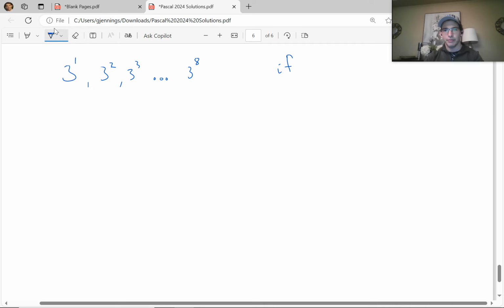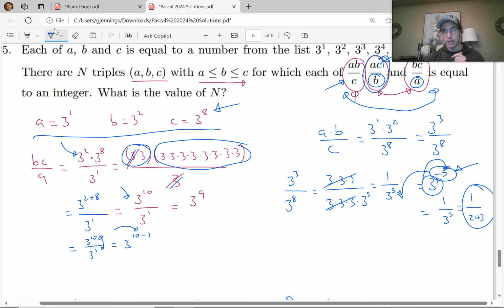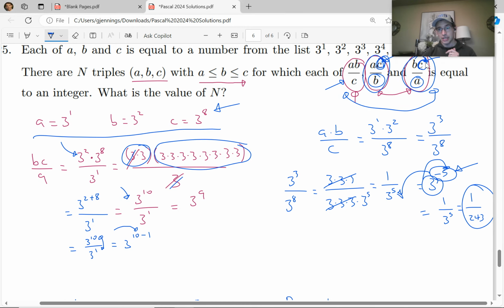If a times b is greater than or equal to c, then AB on C is an integer. That means if the exponents add to the same thing as C or more, then that's an integer. I've already talked about why this one and that one are always integers, because C is necessarily biggest. So we can disregard those. We don't need to consider them.